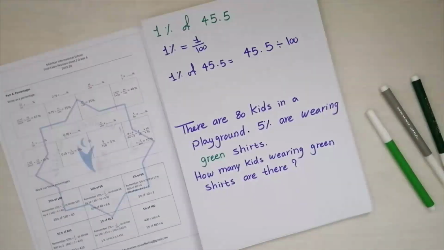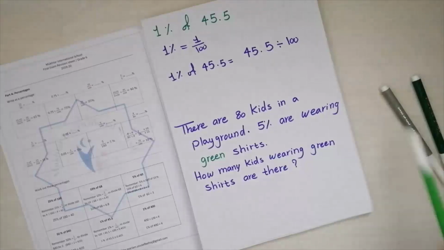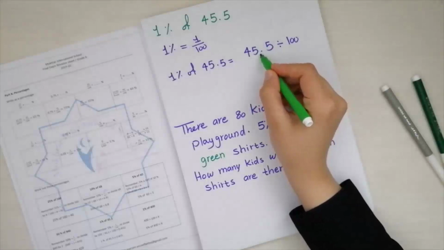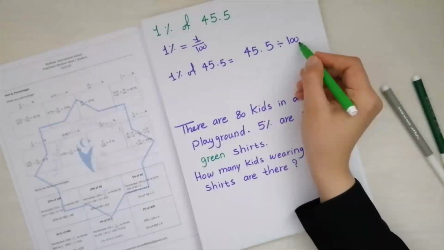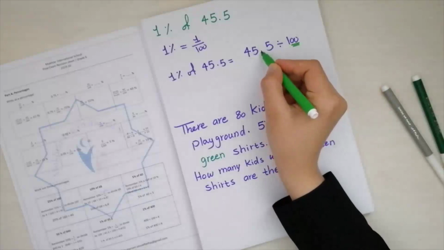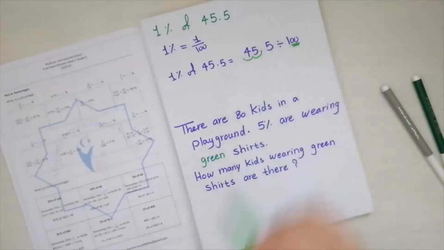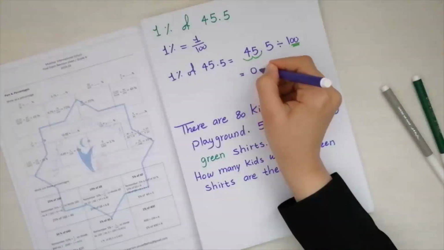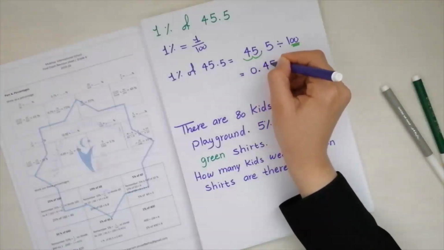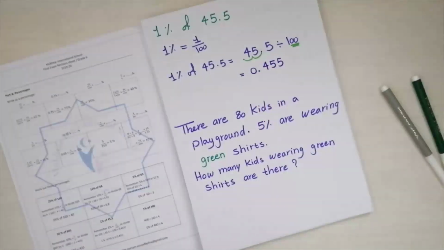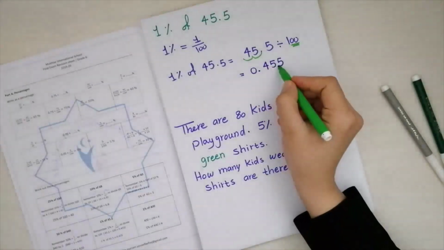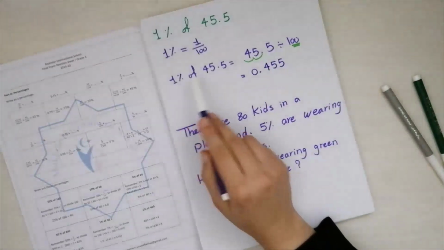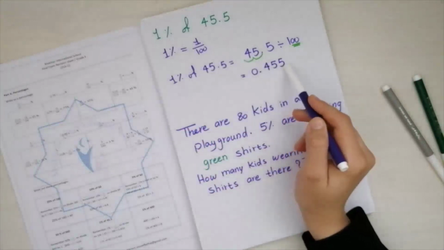Now, when we divide by whole numbers, numbers get smaller. This means that the decimal point needs to move to the left. How many digits? 2 digits, because we have 2 zeros. So the decimal point must move 2 digits to the left, and the answer must be 0.455. As you can see, the decimal point was here and it moved 2 digits to the left. So 1% of 45.5 is 0.455.